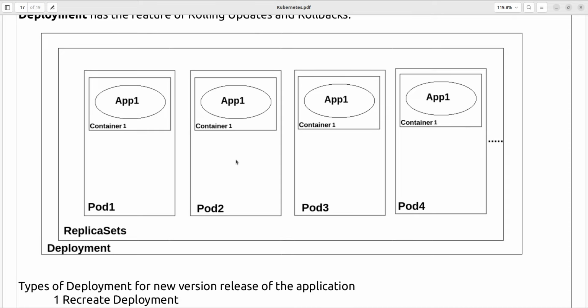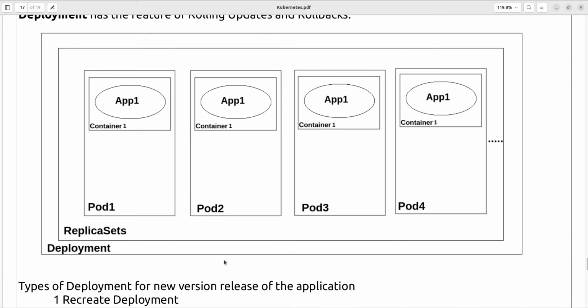So what will your deployment object do? It will create another deployment object and create one replica set. Then it will stop one pod first, pod 1 from the existing replica set. Then it will create a new pod in the new replica set.